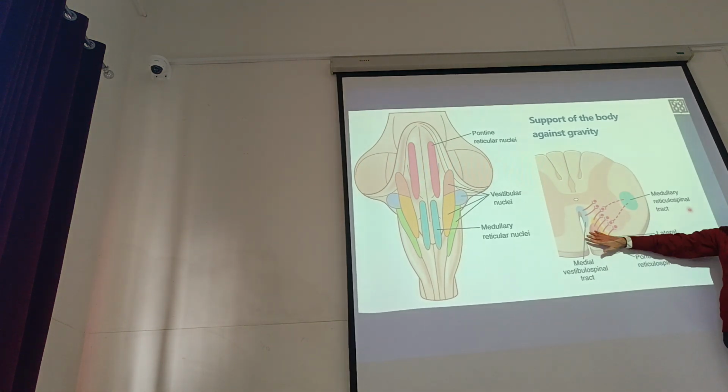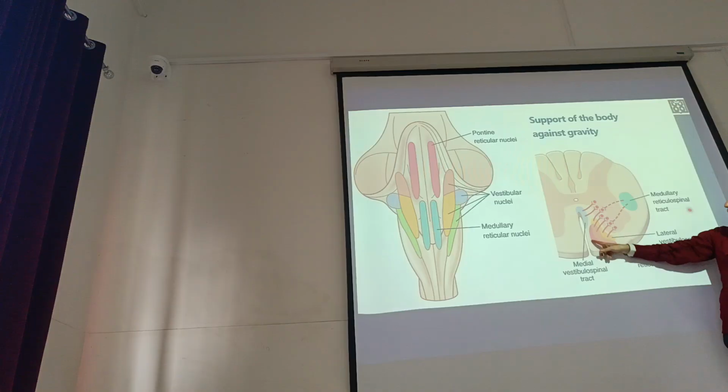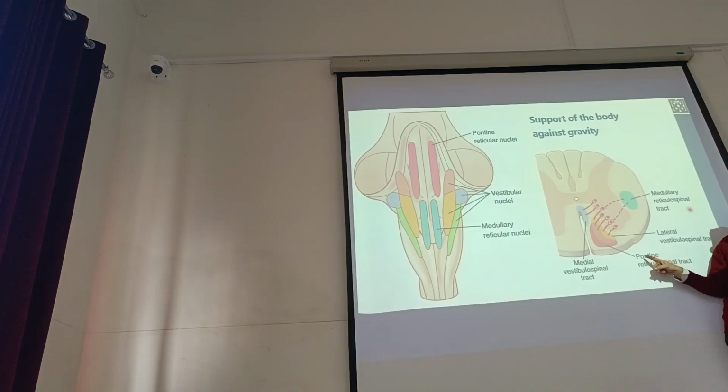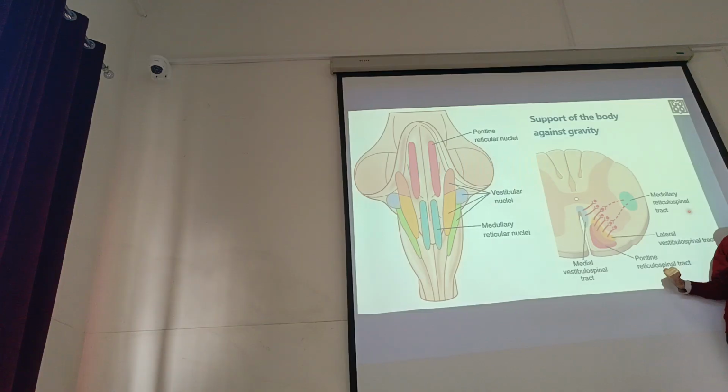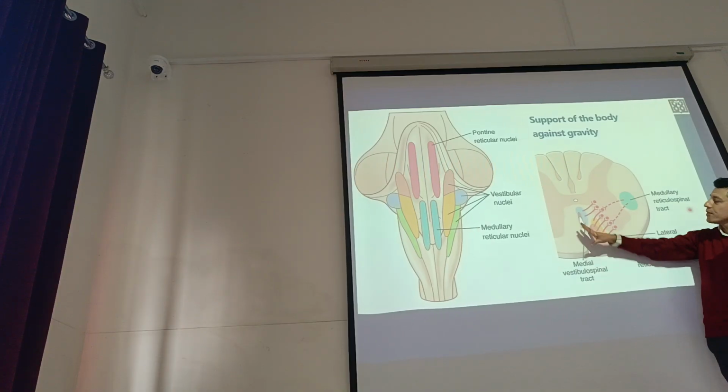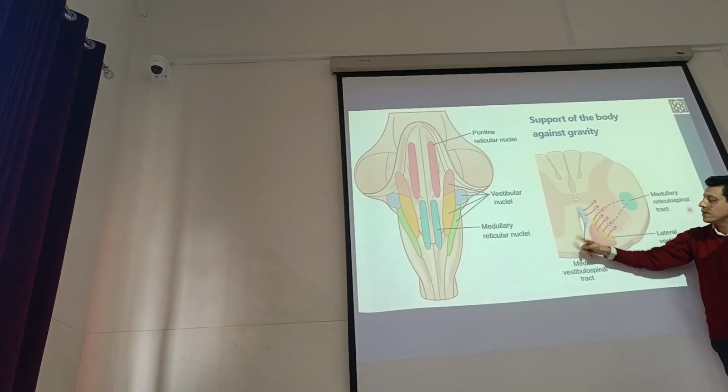In the spinal cord, in the anterior side, this red region is the pontine reticulospinal tract. It starts from the reticular formation of the pons and goes to the spinal cord, traveling in the anterior part of the spine. We have two, one on each side.